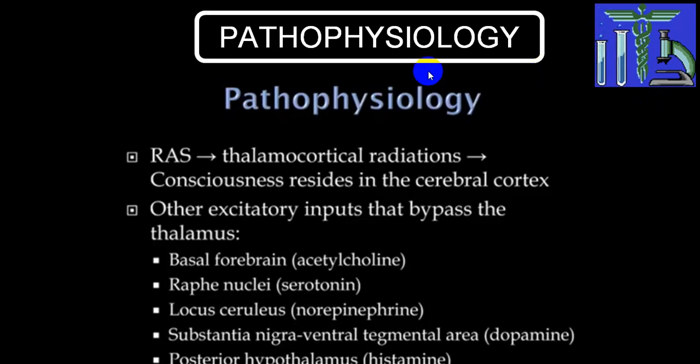As far as encephalopathy is concerned, there is usually involvement of either the brainstem or the reticular activating system, which we call the thalamocortical radiations, which is very commonly affected.